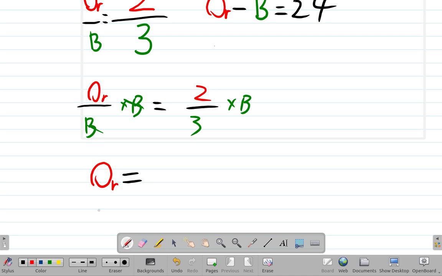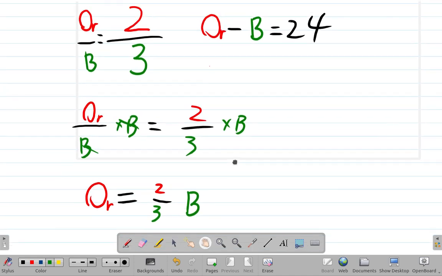It's really O. Alright, so how many oranges do you have? It is equal to 2/3 banana, 2 over 3b.